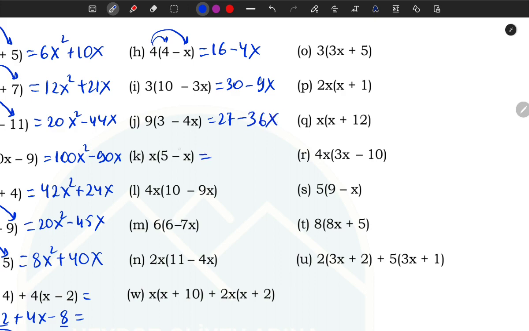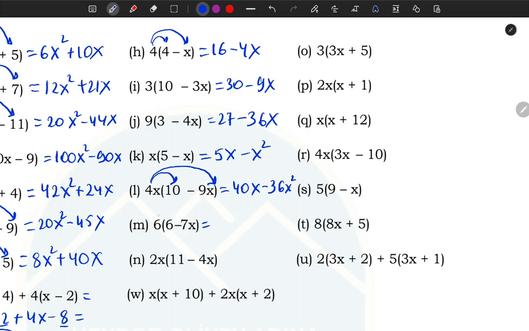Here we need to multiply x by 5, 5x, minus x squared. Here we multiply 4x by 10, 40x, minus 36x squared, because when we multiply 4x by 10 we get 40x, then 4x by 9x we get 36x squared.